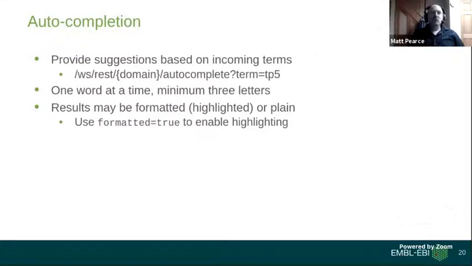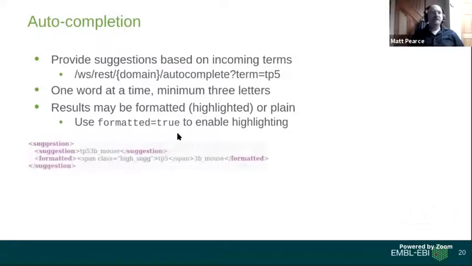You supply one word at a time with a minimum of 3 letters in that word, and results may be formatted, so highlighted or plain. And we see here we've asked for a formatted result for TP5, and one of the suggestions is TP53B_mouse, and the formatted result has a span around the TP5 there.